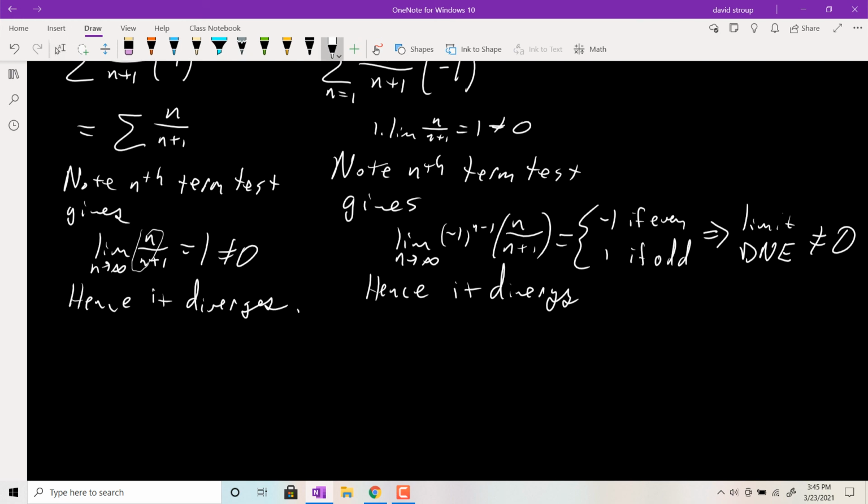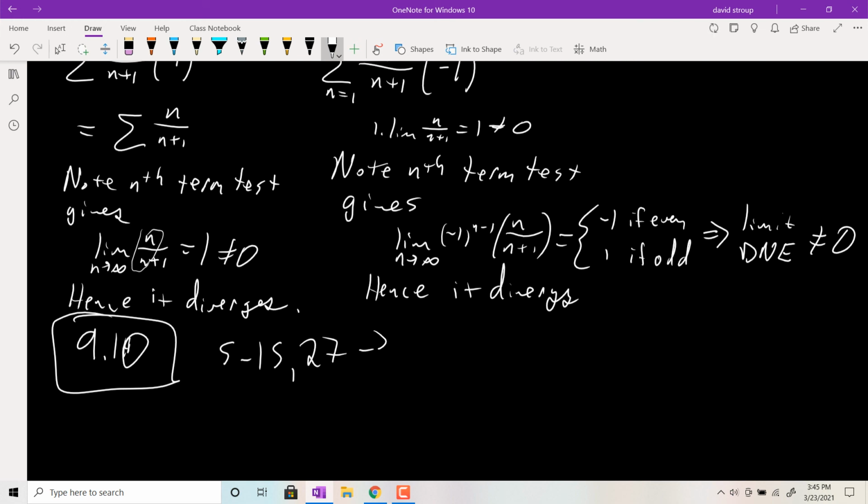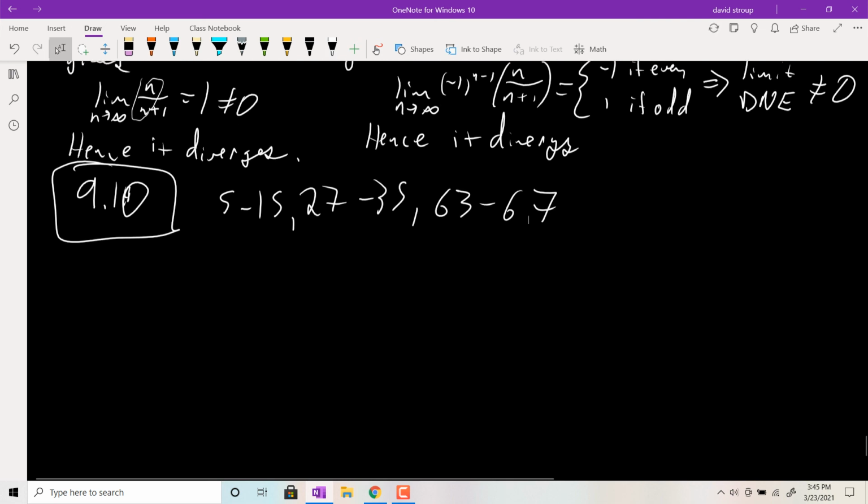So 9.10 then in particular, we're looking at questions like 5 to 15, 27 to 35, and then 63 to 67. So you have to know how to build power series representations, the Maclaurin and the Taylor versions, and then I expect you to be able to apply these to integrals.